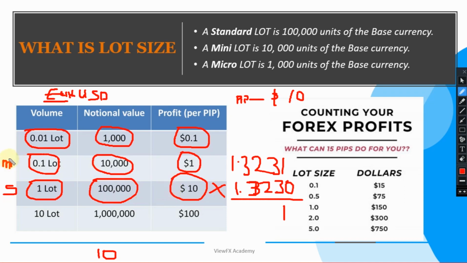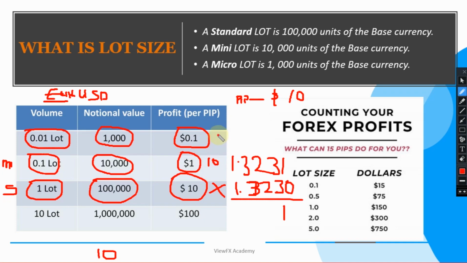Then if you have $10 here as well, and you're trading the mini lot size, some broker will not allow you to place that trade, because 10 pips against you, your account is blown.